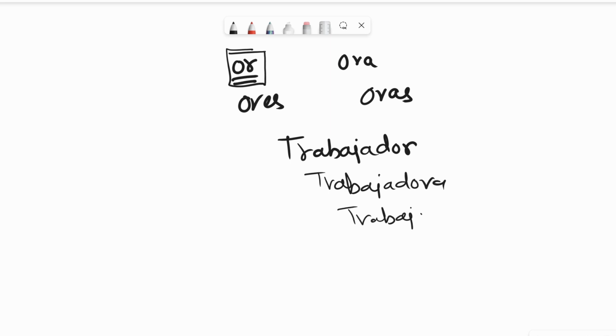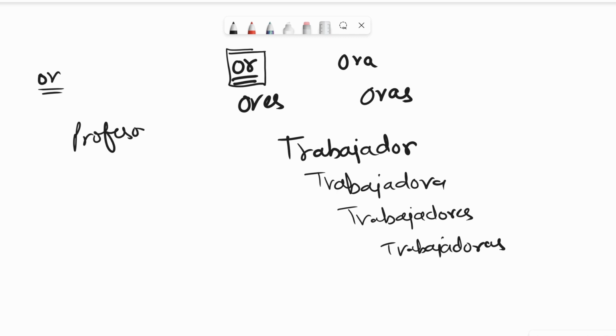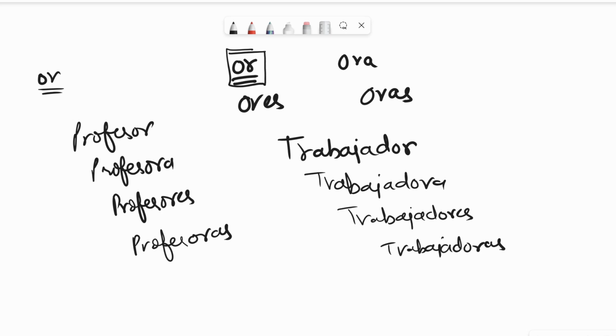Then masculine plural will be trabajadores and trabajadoras. Remember we did professions. The professions, they follow the same rule. If a profession ends in OR, it always has four forms. For example, profesor, profesora, profesores, profesoras.